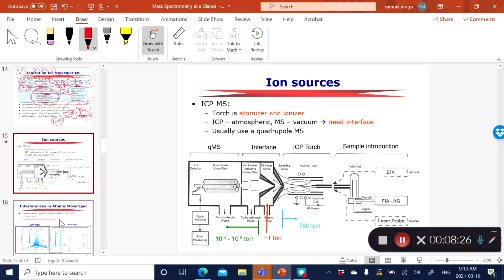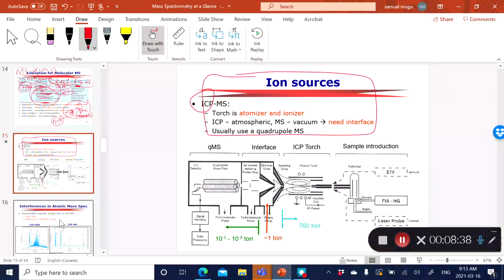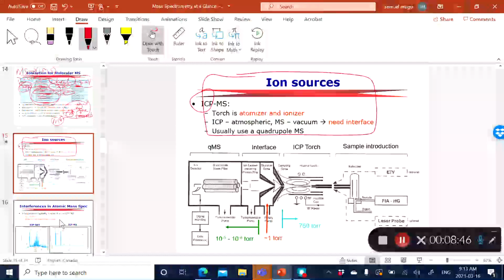Now remember also something like the ICP, which is a thermal based type of ionization. It's also an ionization technique. I think you guys already know that the ICP, which is a very high temperature plasma, can also be used as an ionization method, right? I think that one is fairly obvious.